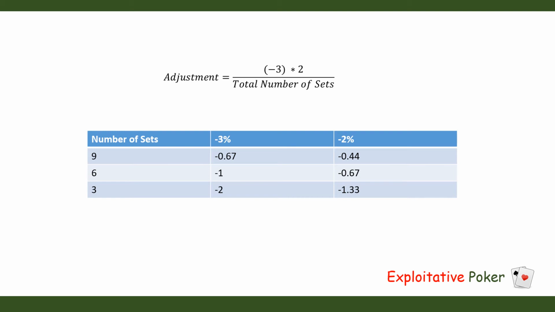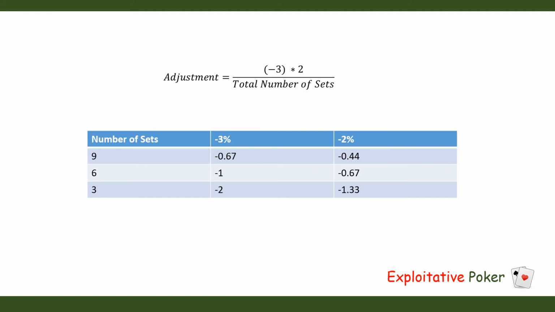The idea is that the numbers average out. If your opponent doesn't have the backdoor flush draw, you'll be underestimating your chances of winning. If he does have the backdoor flush draw, you'll be overestimating your chances of winning. Over an infinite number of hands, this should average out as the correct percentage.